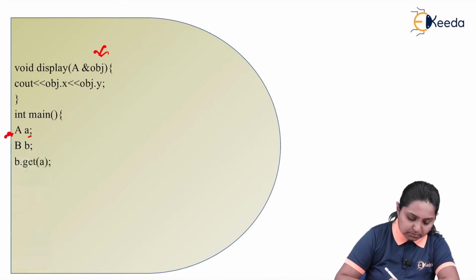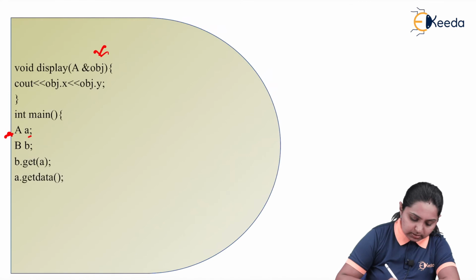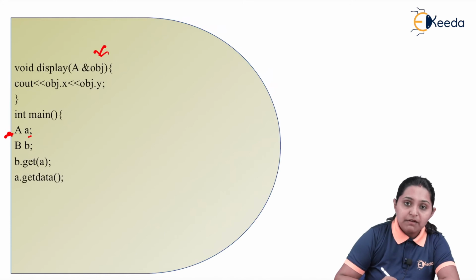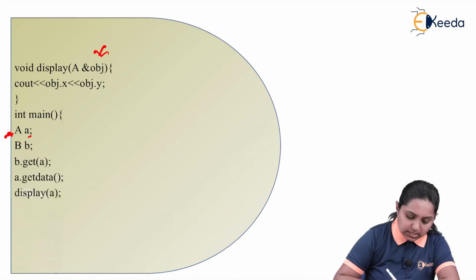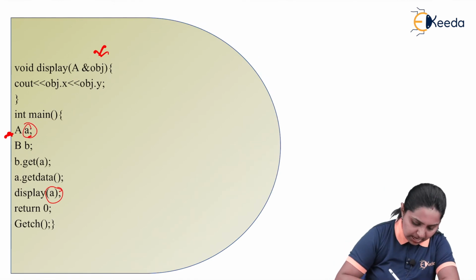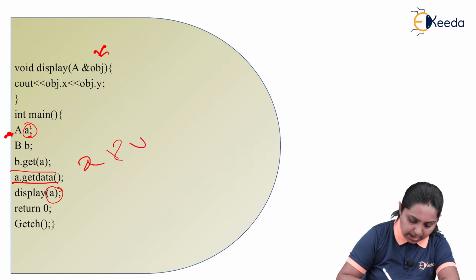Now, get is a method which has access to the object of class A. a.getData means A is the object of class A and getData is present in class B. So, we can have access to A through the friend class. Then the display method will give access to class A. So, when the object of A is accessible inside the getA function, getData will get access to X and Y.